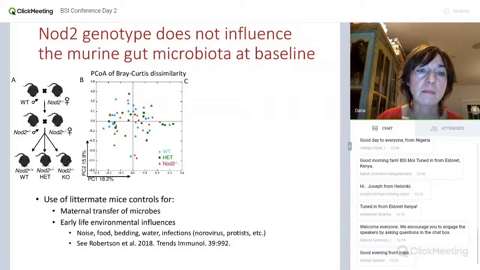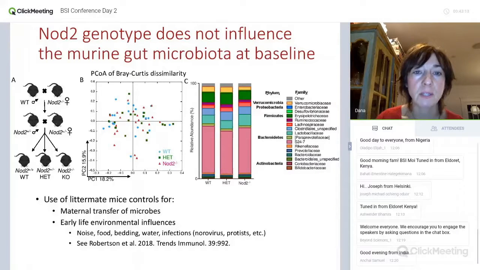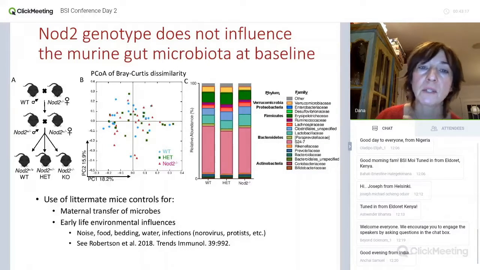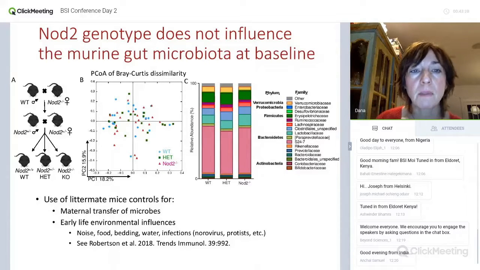You can see that the het, wild type, and knockout mice scatter, and there aren't any particular groupings. So this indicates that there is no difference in the microbiota between these genotypes. That was confirmed when we looked at the relative abundance of the actual taxa making up the microbiota, and there was no difference between the three genotypes. So at baseline, there are no differences in the microbiota.